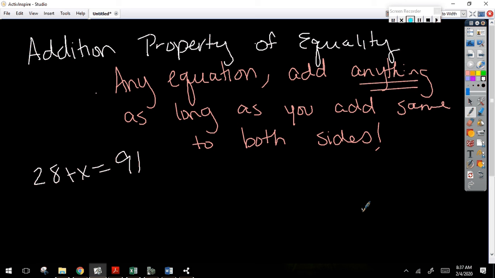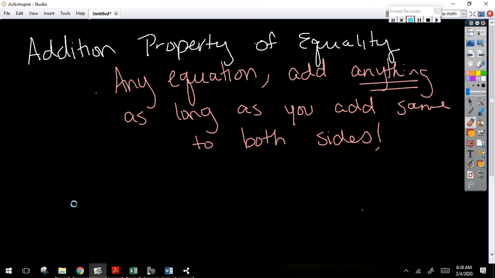If I want to add 2 to both sides, I can, as long as whatever I'm adding goes to both sides. This is not going to help us in solving this one. It's kind of a terrible example to use, but the point is I can add anything to both sides.